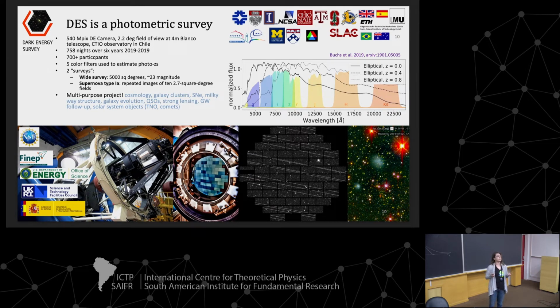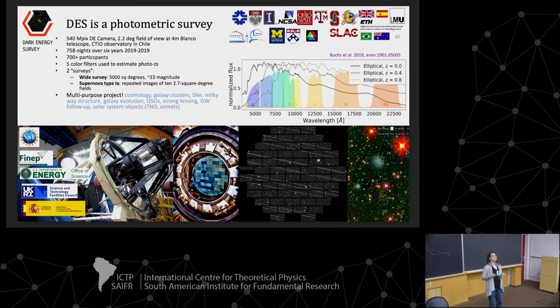But a downside is that rather than having good spectra, which would give very precise redshift measurements, we have to try and infer their redshifts. This is an example showing an elliptical galaxy at different redshifts, with the spectra in the black lines.